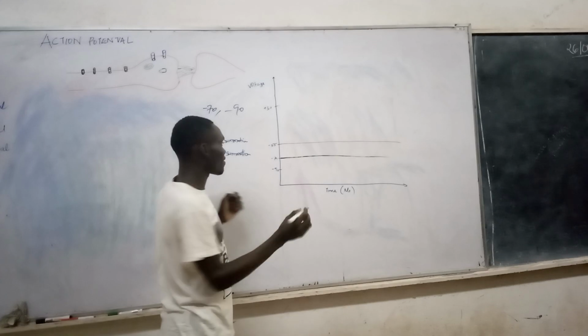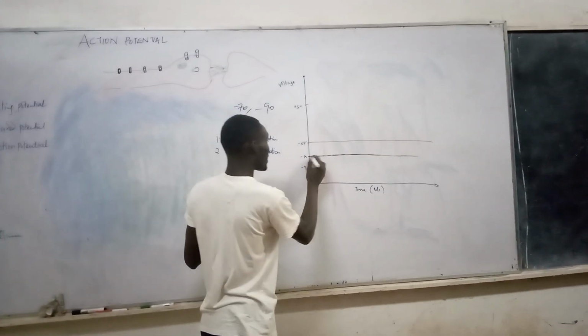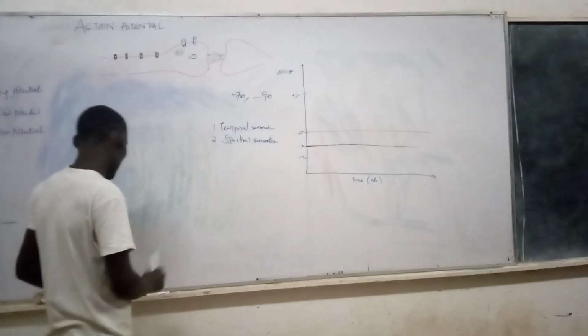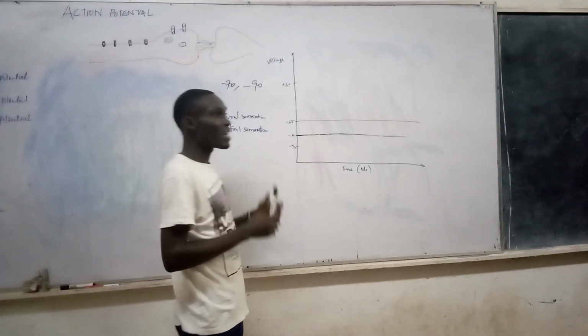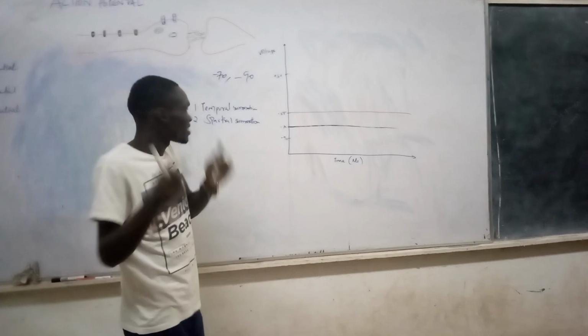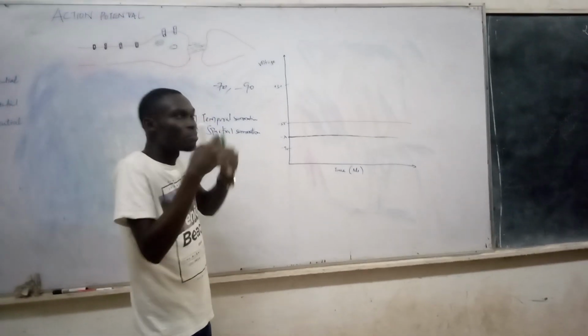When the membrane is at rest, it's not conducting, it's at negative 70. When it starts conducting a signal, it means there is stimulation.